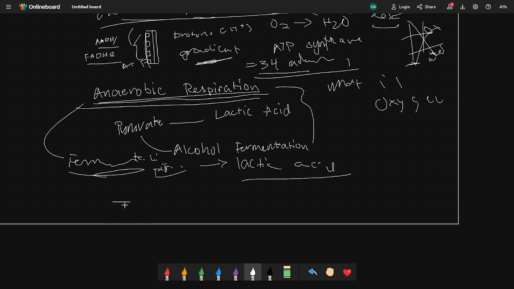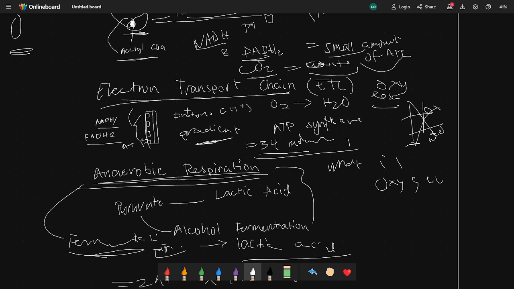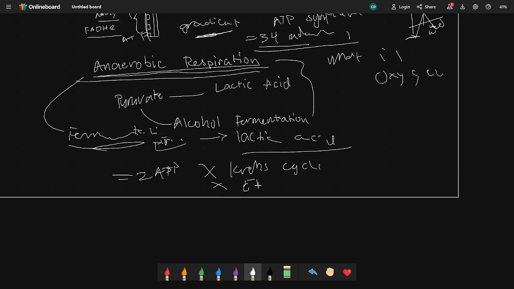The trade-off is you only get two molecules of ATP in total, because you skip the Krebs cycle and the electron transport chain, as both require oxygen. It's much less efficient, but it keeps cells going temporarily when oxygen is scarce.